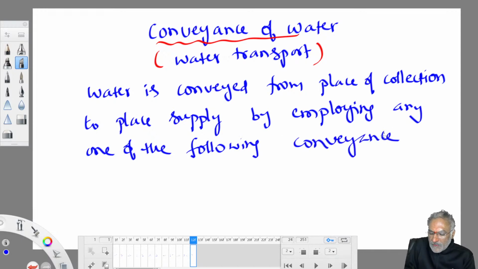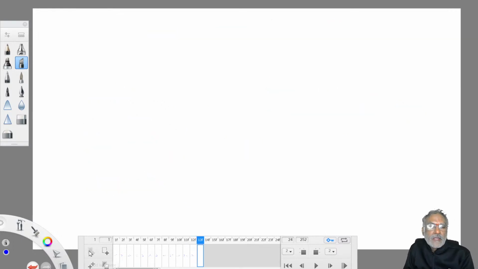Any one you can use. Conveyance systems or transport systems: one is called gravity conveyance, the other one is called pressure conveyance. Gravity conveyance and pressure conveyance. There are two types of conveyance.